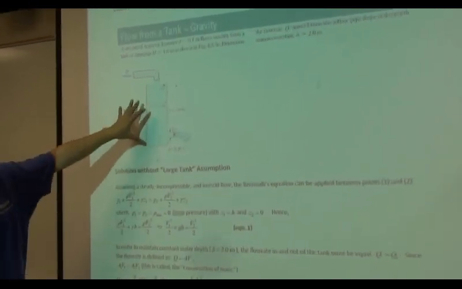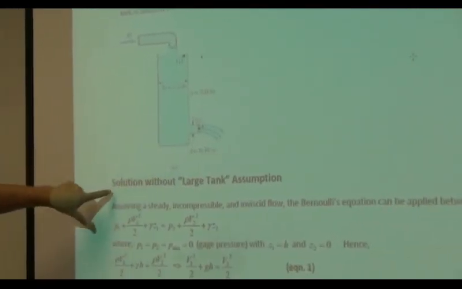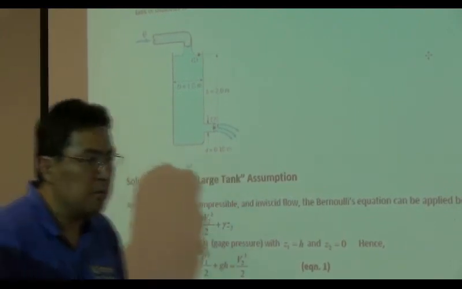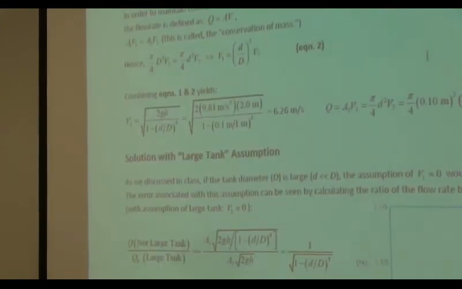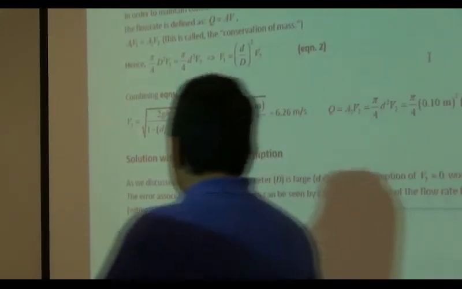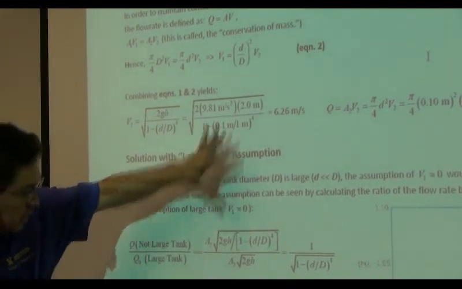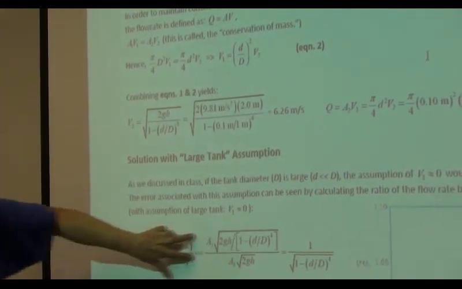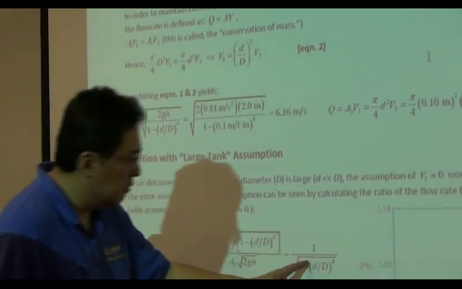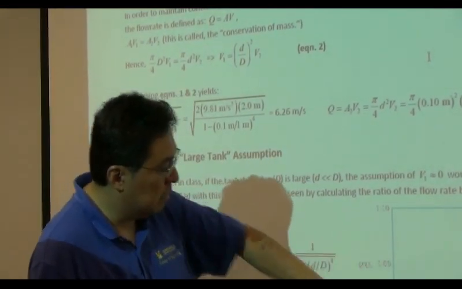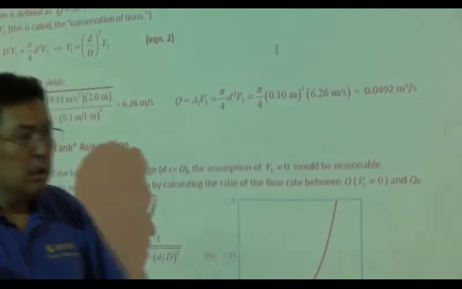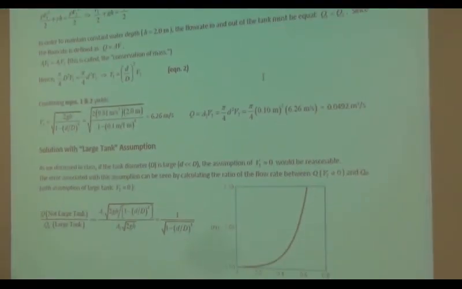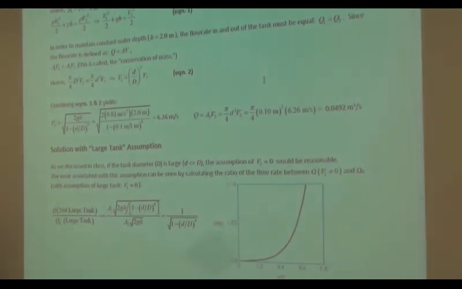This is the same exact problem, solved first by the solution without the large tank assumption, and then compared against the solution with the large tank assumption. Then you take a ratio, find the equation, then plot that equation for the ratio of the diameter, little d over capital D. Okay? So please take a look at this handout. This is quite important. And let's stop here.